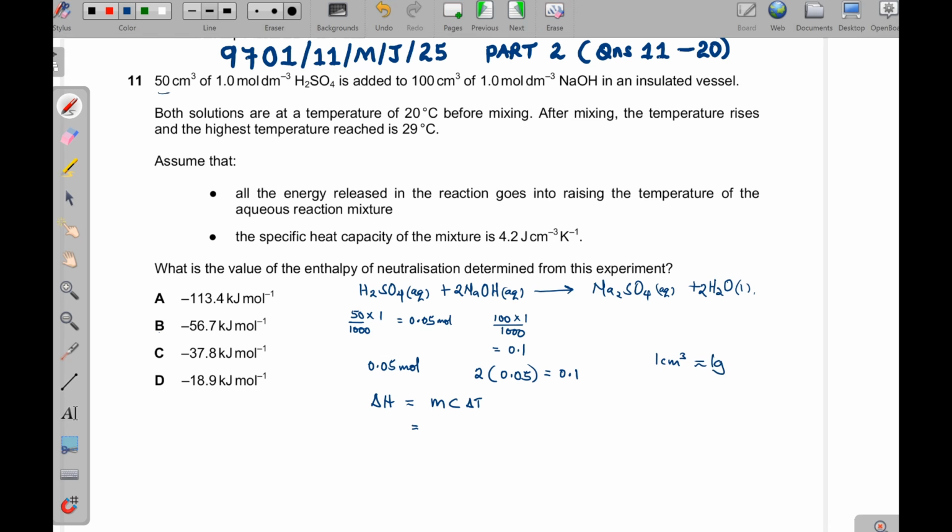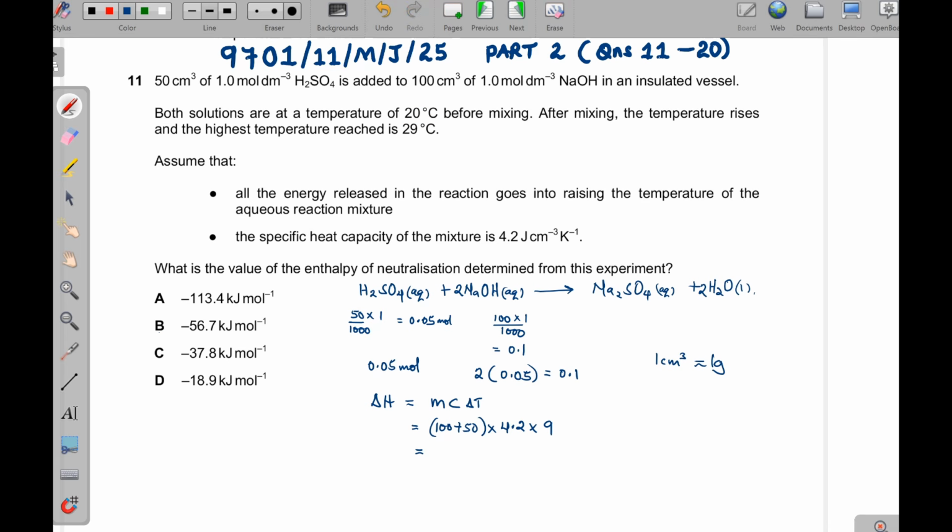So we shall have 50 plus 100, which is 150 grams, times the specific heat capacity of water, because all of these were dissolved in water to form the solution. So it is 4.2, times the temperature change, which is 9, from 20 to 29.